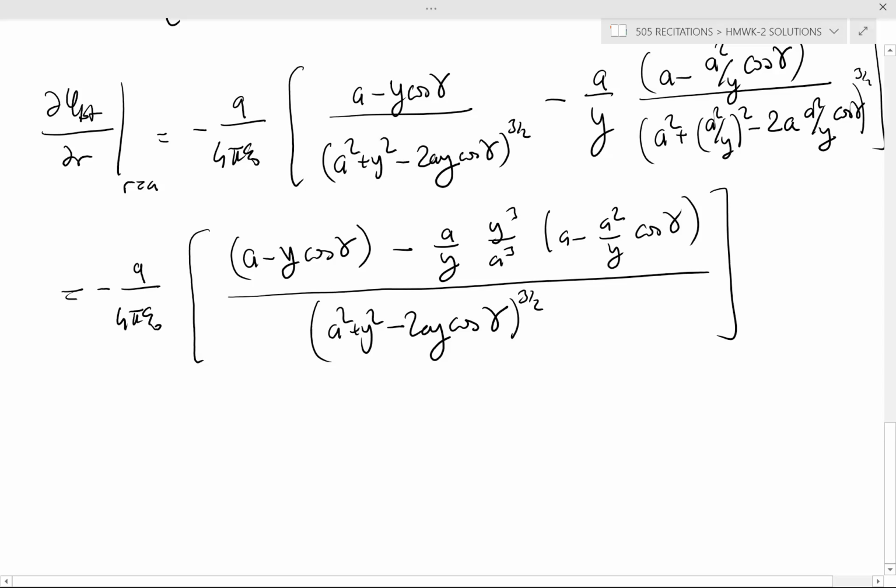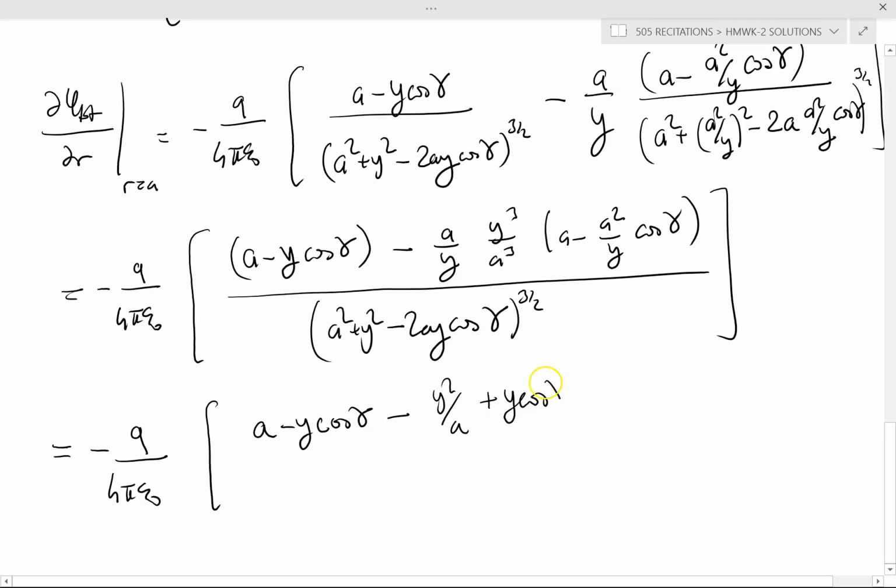So now the above part can be further eased. 4 pi epsilon 0, a, minus y cosine gamma, minus y squared divided by a, plus y cosine gamma.